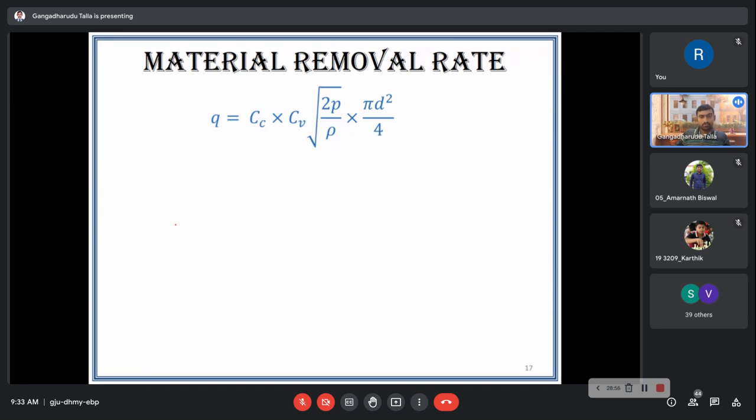Now, what is Q? Volume flow rate. Now, Q can be further expressed as C_d into pi d square by 4. Now, what is C_d? This multiplication, C_c into C_v.